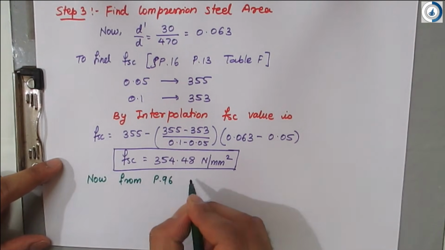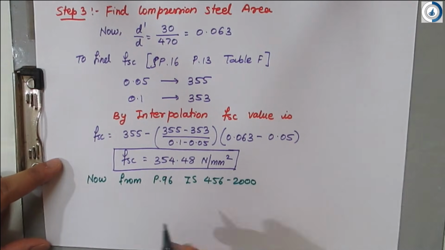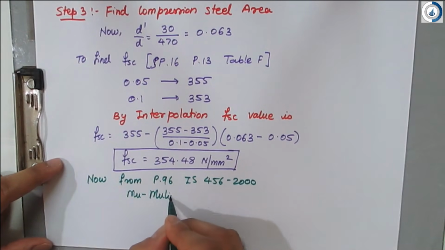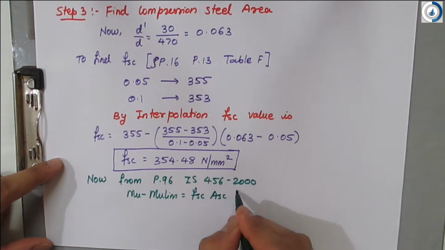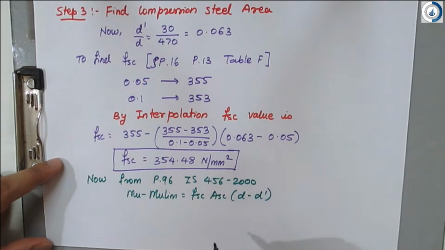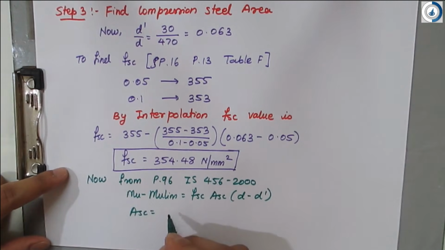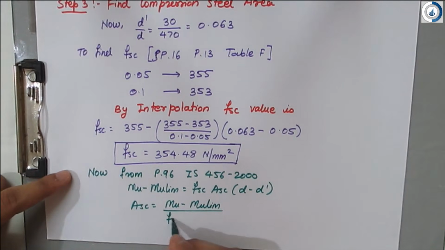From page number 96, IS 456:2000, Mu minus Mu limit is equal to fsc Asc times d minus d dash. Therefore Asc is equal to Mu minus Mu limit divided by fsc times d minus d dash.